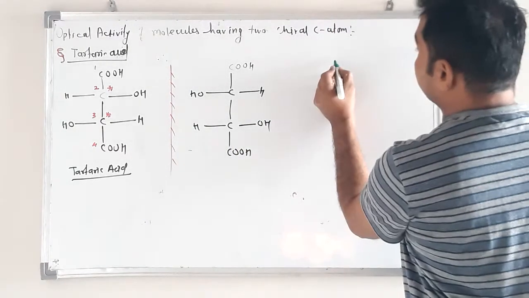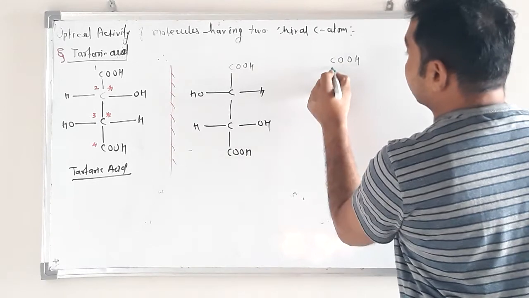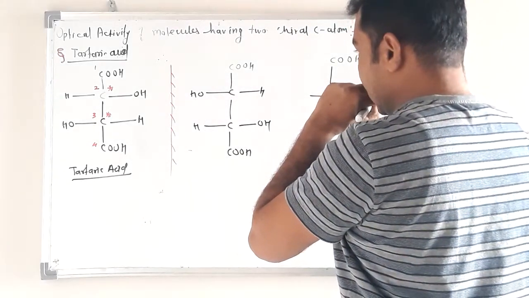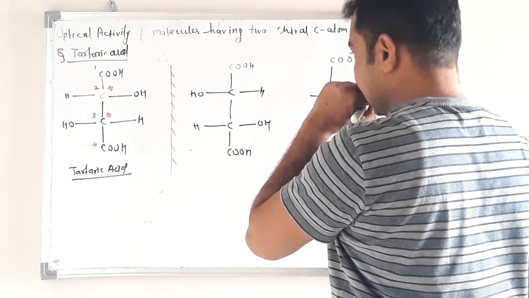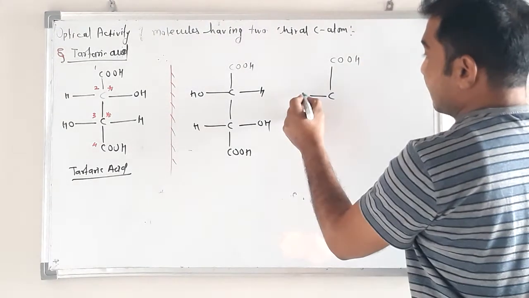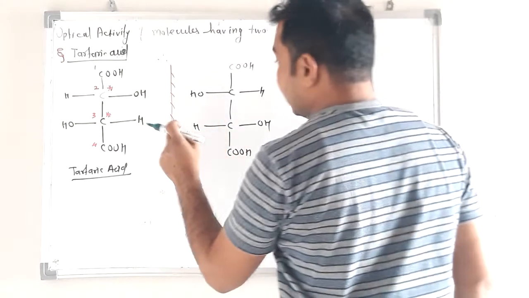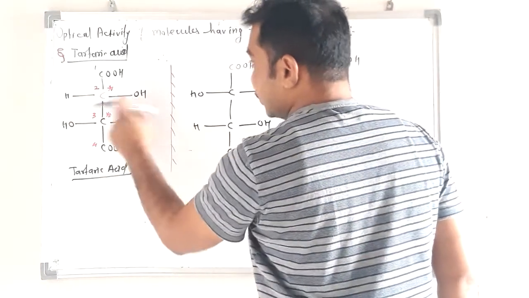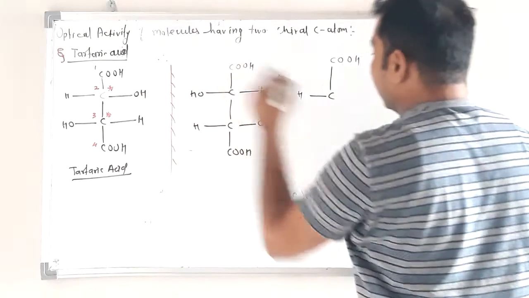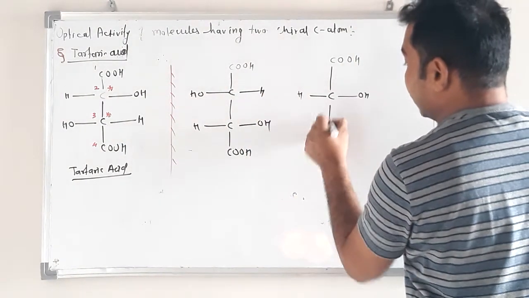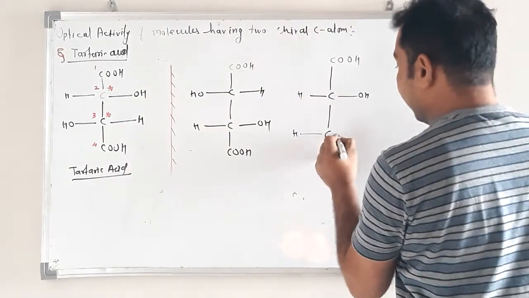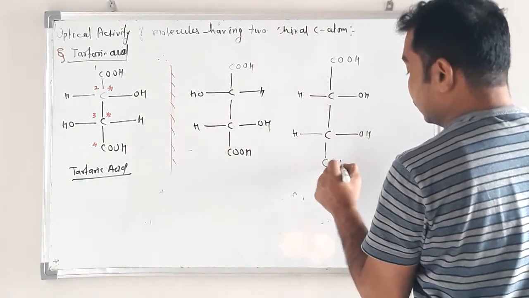Third is obtained by interchanging the position of H and OH on one of the carbon atoms. If we interchange the position here and here, then you will get this.